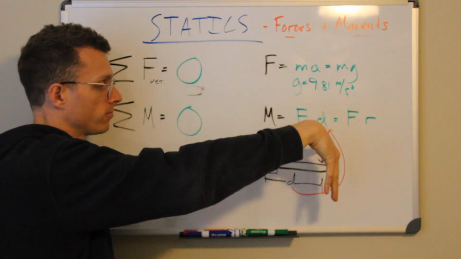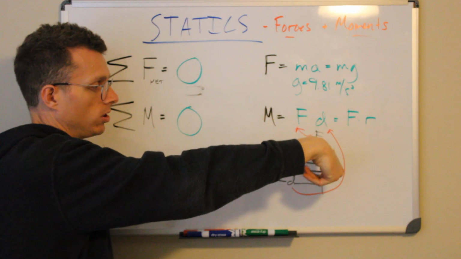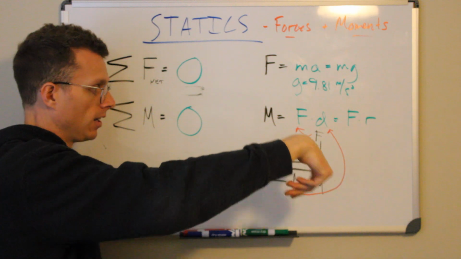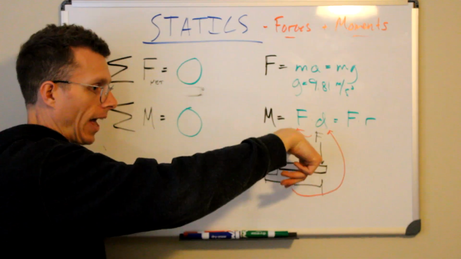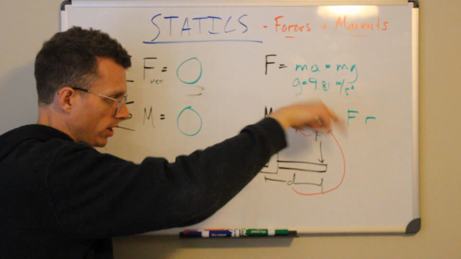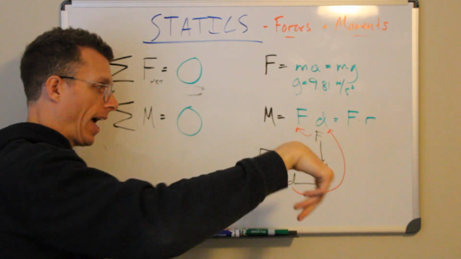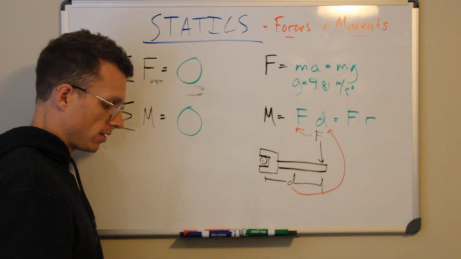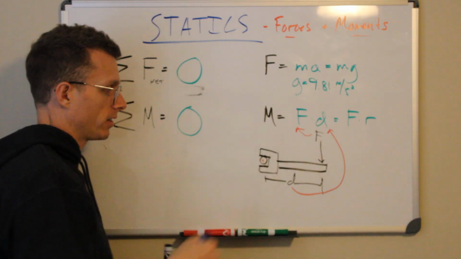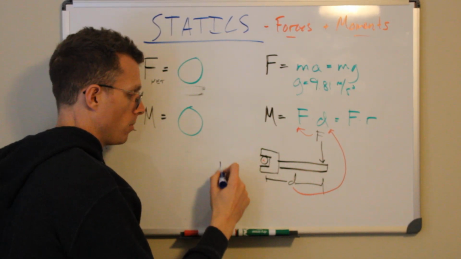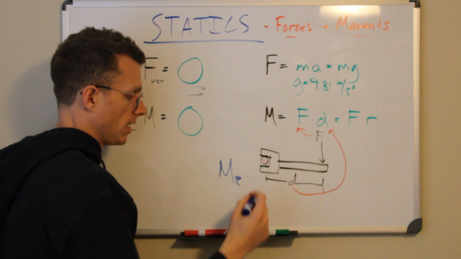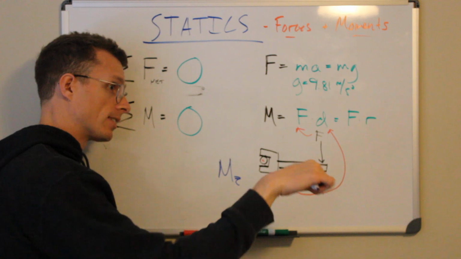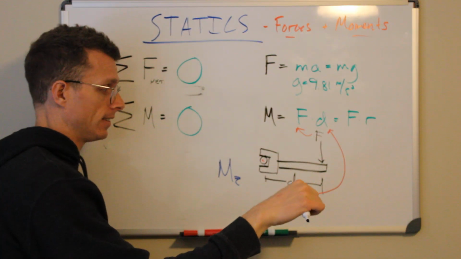So I'll go down and then curl towards me, and then the thumb points in the direction of the moment axis. So this is rotating about this axis, and since it's into the board, we're going to call it the Z axis. So in this particular case, the moment is about the Z.